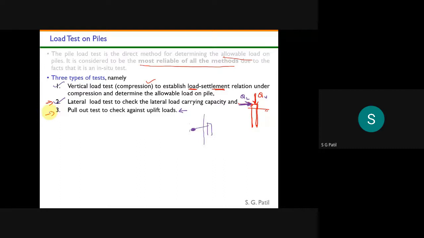Suppose you have multi-story structures, or transmission lines. Usually in transmission lines you may expect pull-out loads, so in those kinds of piles, you have to test for pull-out load carrying capacity also. So these are the three different types of tests which can be performed on the pile in field.